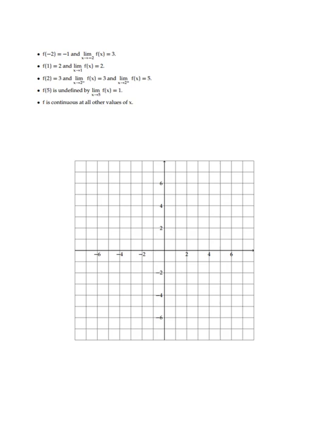So this first bullet point, everything is talking about what's happening at x equals -2. And the first thing that we're told is that f of -2 equals -1. Actually, let's start the way it's probably best to do it in general. Let's start with the limit. This is telling us that the limit as x approaches -2 of the function is 3.